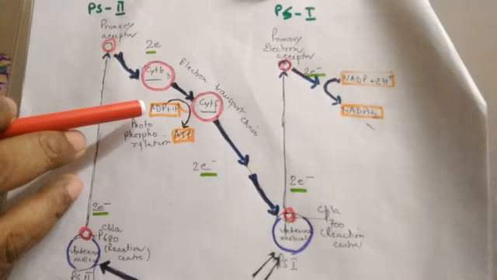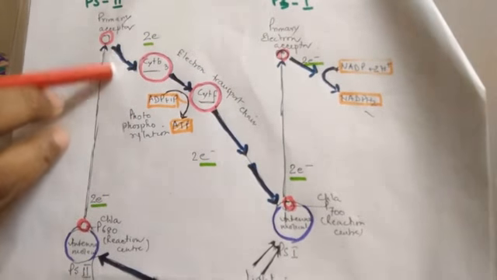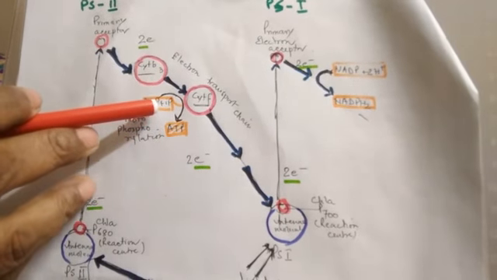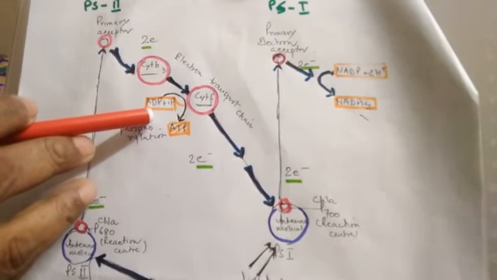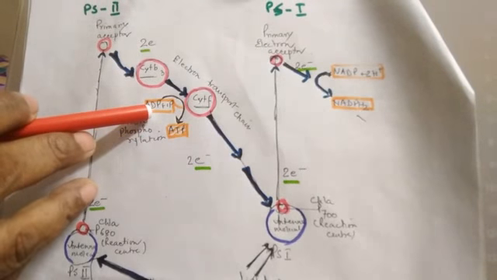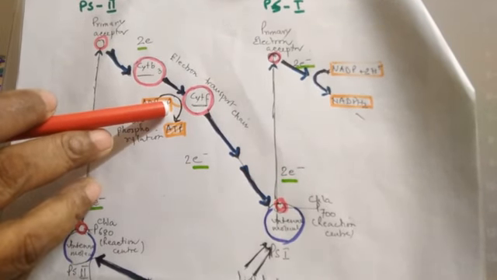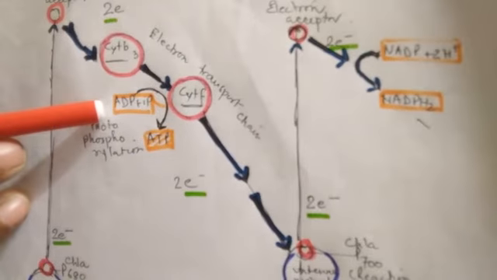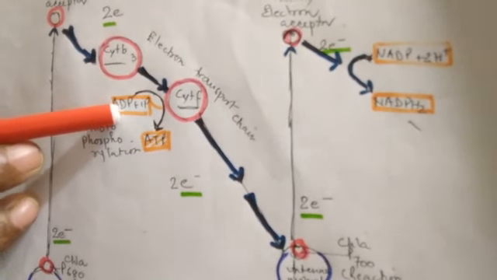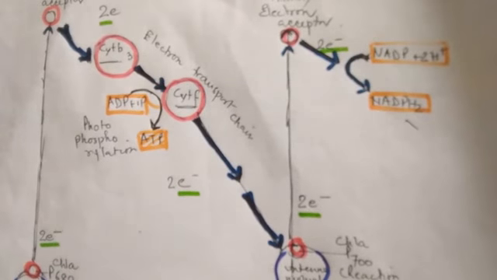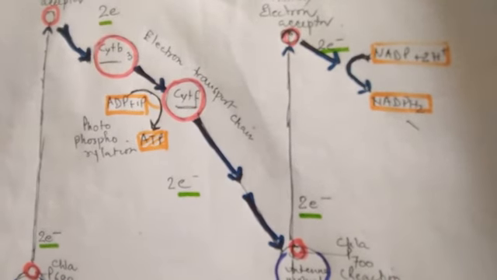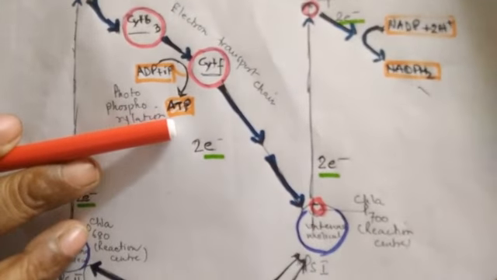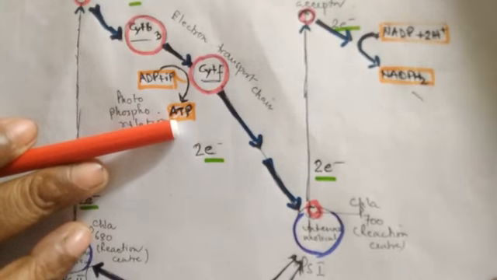The excess energy which they have gained, they release, and that energy released by these electrons is utilized by ADP and inorganic phosphate to form ATP, adenosine triphosphate, clear.